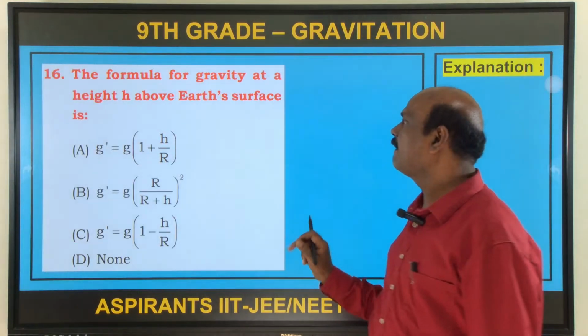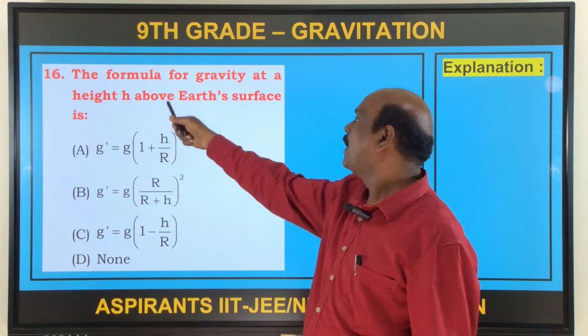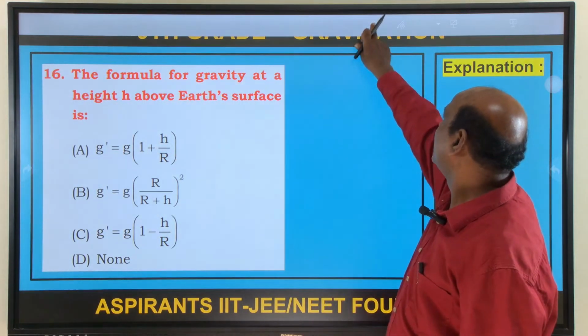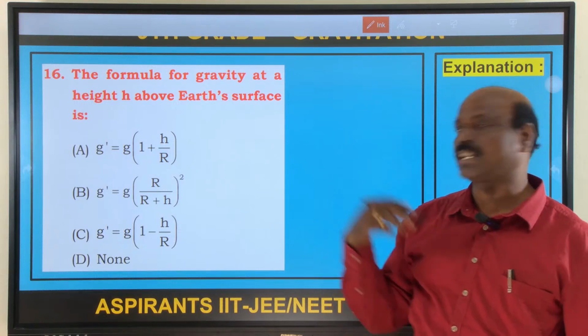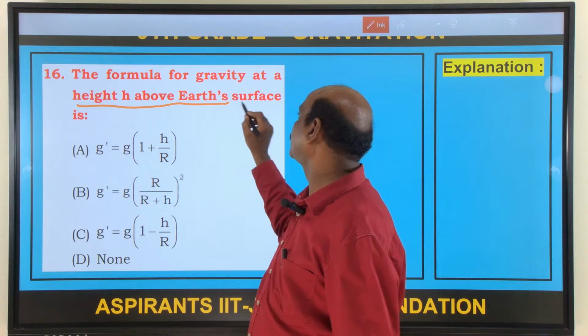Okay, next question. The formula of gravity at a height h above the earth's surface is, means what is being asked here? It is asking what will happen to gravity as you move to a certain height above the earth's surface.